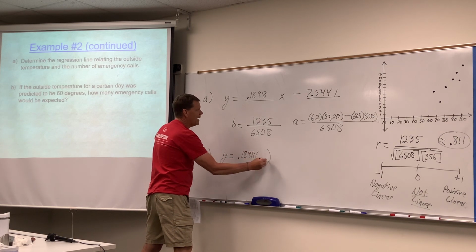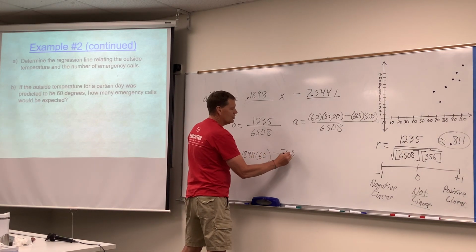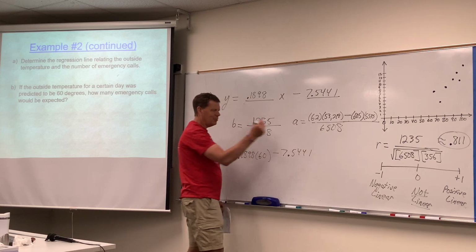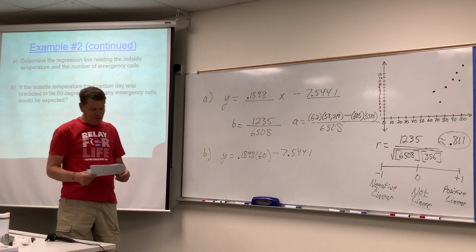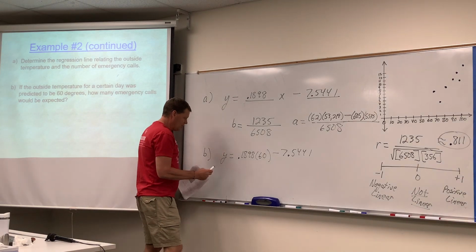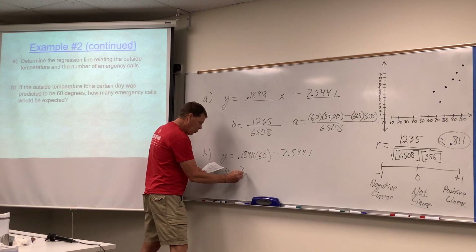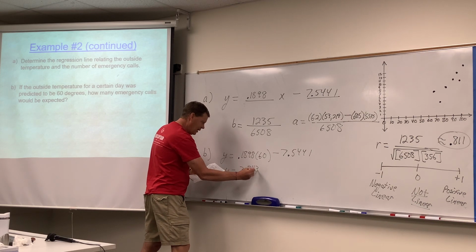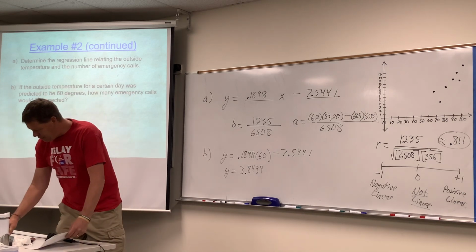I want to remind you that x is the outdoor temperature. We assumed Fahrenheit. Probably should have specified that. But anyway, you put 60 in, you crunch the numbers, and your prediction equation would come out to be 3.8439.